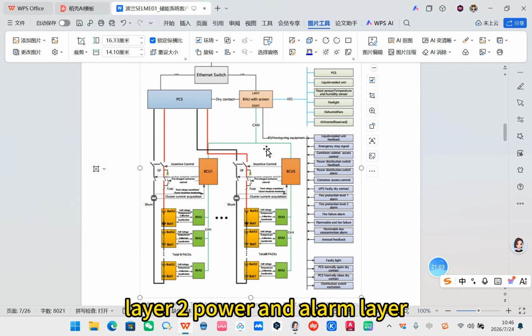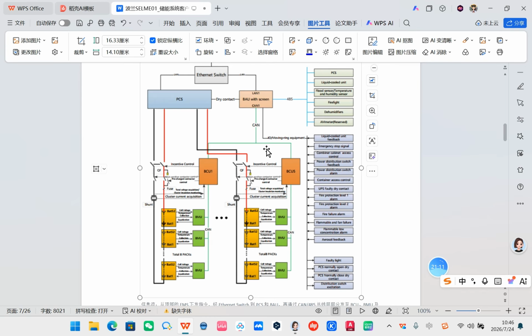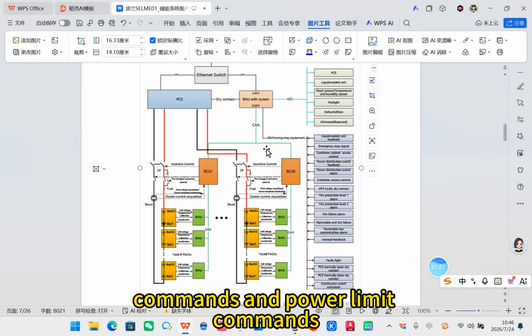Layer 2, power and alarm layer. On the left of the switch is the PCS, the power actuator, receiving EMS charge or discharge commands and power limit commands.